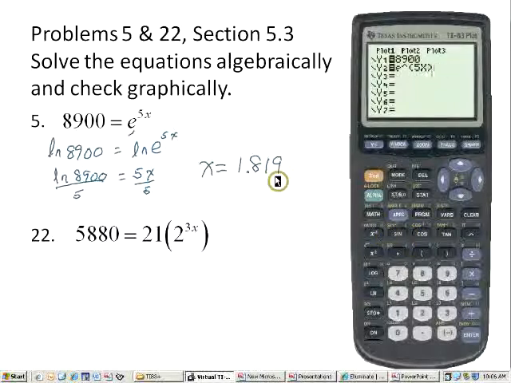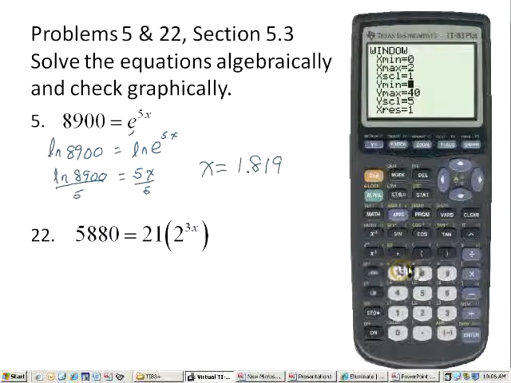Now, our answer was 1.819, so when I set up my window, let's go from, say, 0 to 2, because that's what my x value should be, with a scale of 1. The y values are going to have pretty big numbers pretty quickly.